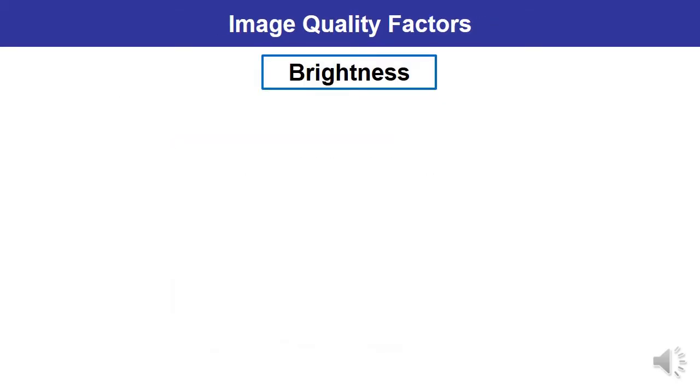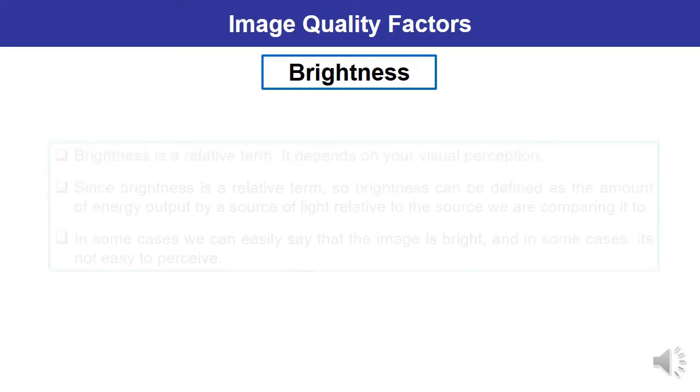Brightness. Next important image quality factor is brightness. Brightness refers to the average pixel intensity of an image, and similar to contrast, the image should be reasonably bright. Therefore, all the information can be easily viewed by the viewer. However, excessive brightness may affect the quality of image as well.